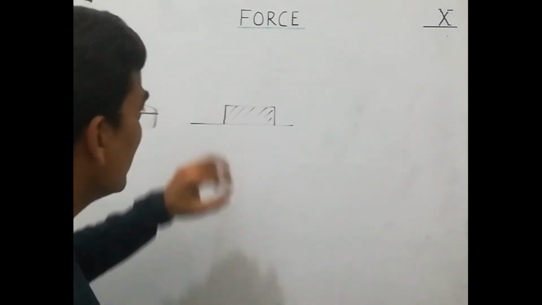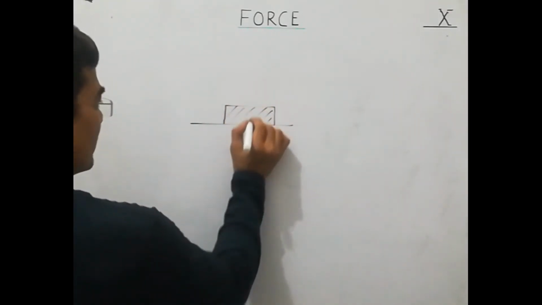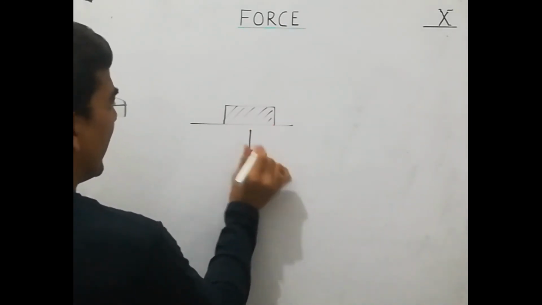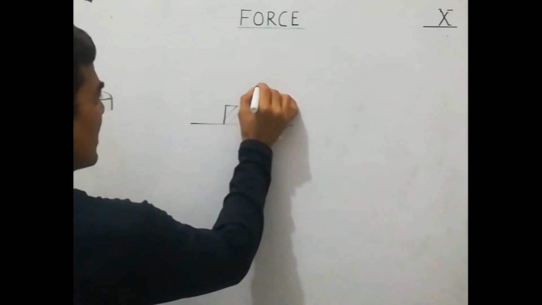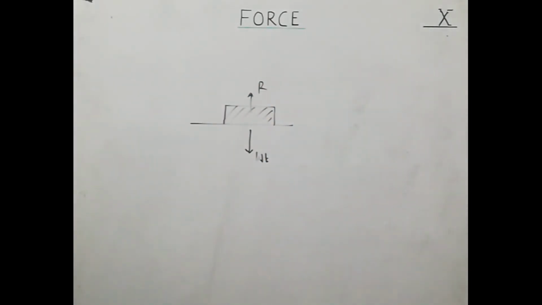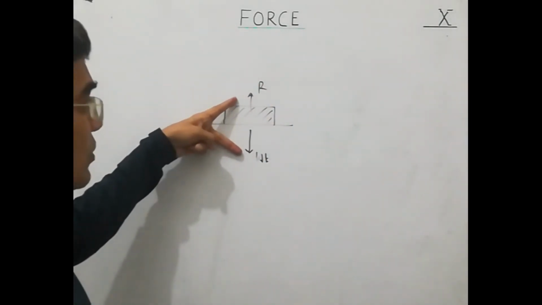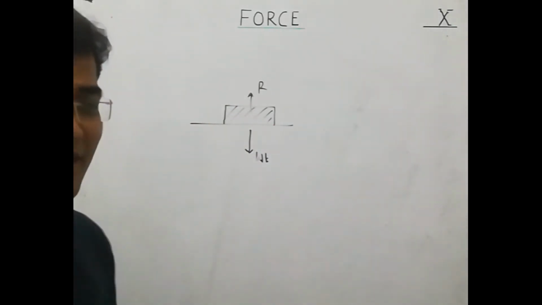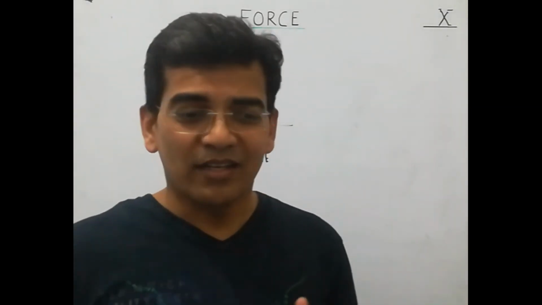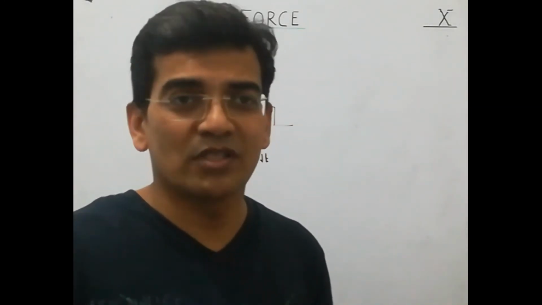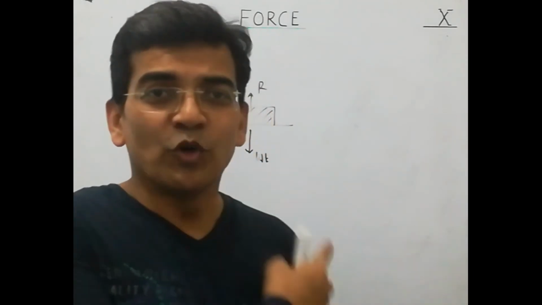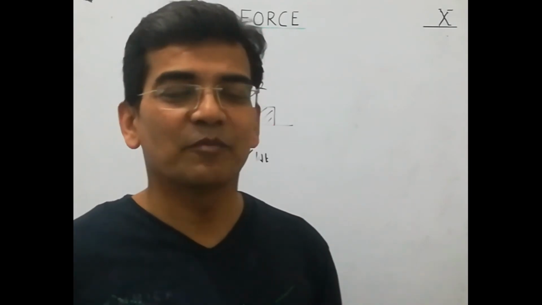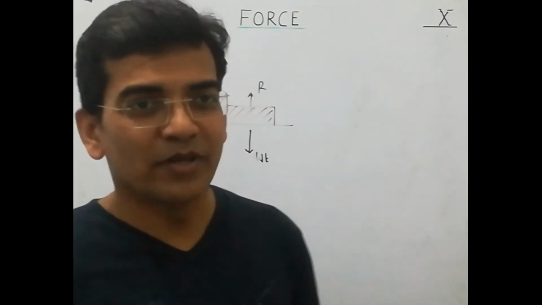So here, one is the weight of the body, which is acting in the downward direction, and one is the reactionary force, which is acting in the upward direction. So two forces are acting on the body, weight and the reactionary force. Under the action of these two forces, the book that was at rest remains at rest. So we can say that the book is in static equilibrium.